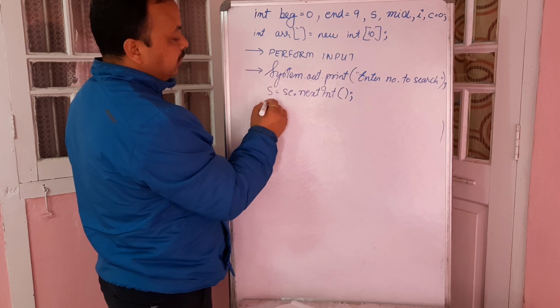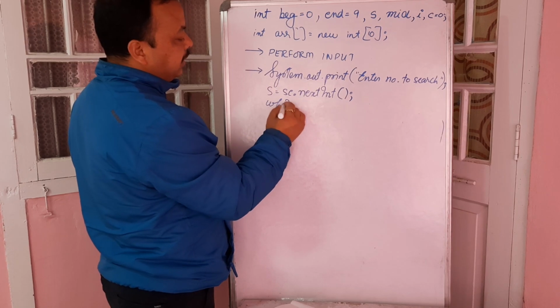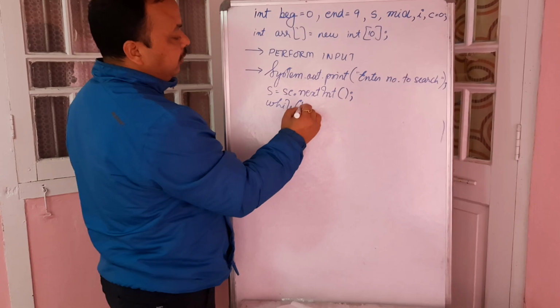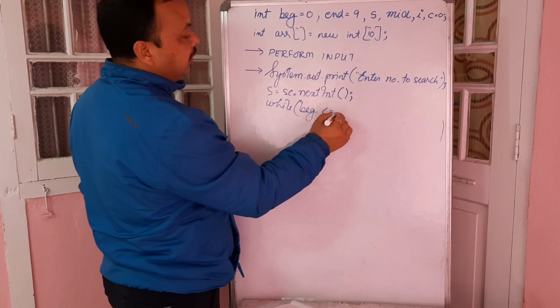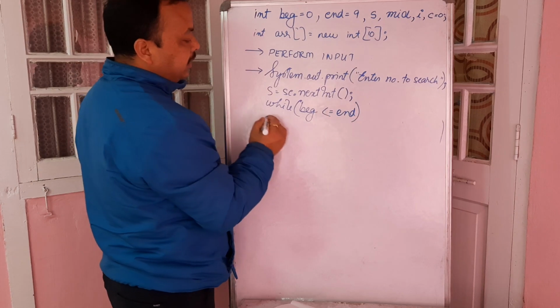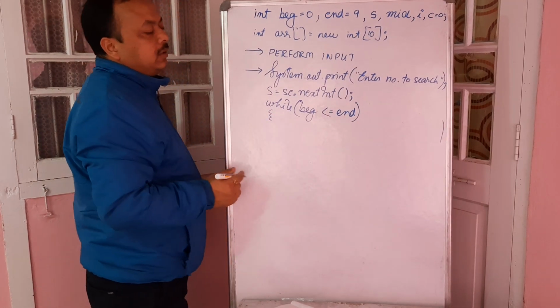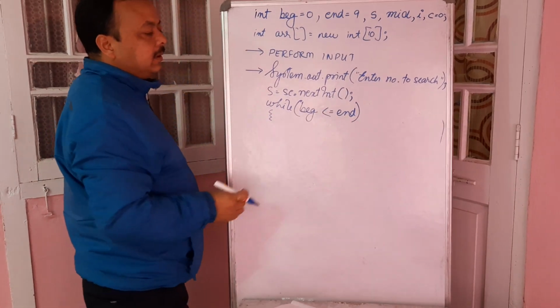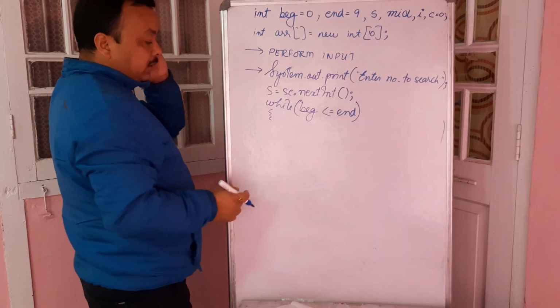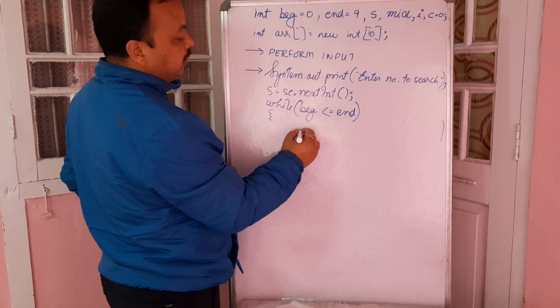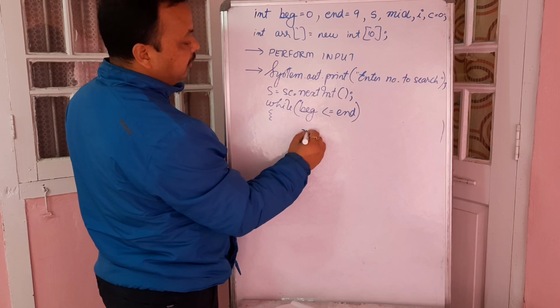Now we start with a while loop, mentioning that the value of beginning should always be less than or equal to the value of end. That is the condition to run the loop. They should not exceed each other. As long as beginning is less than or equal to end, the loop will continue. Inside, we first calculate the value of mid.